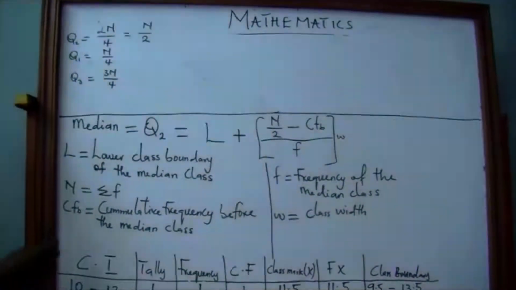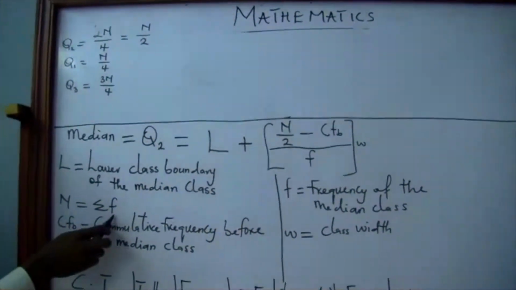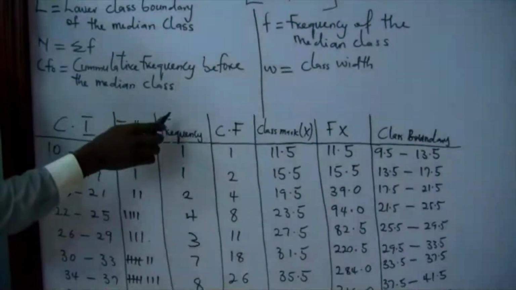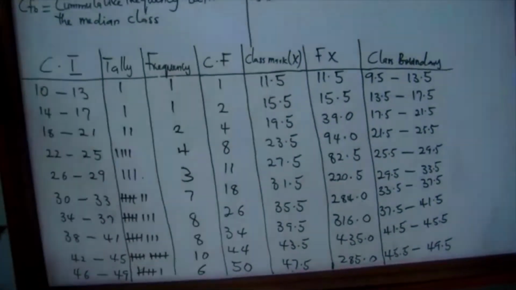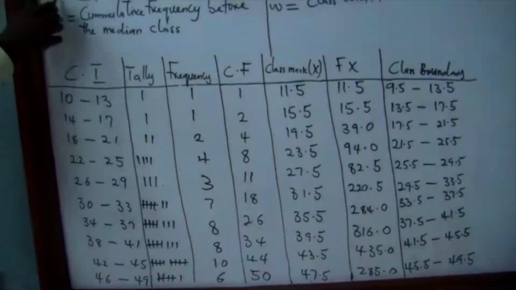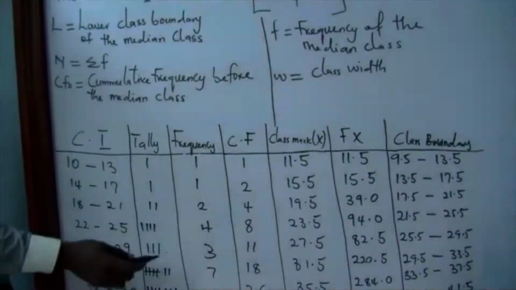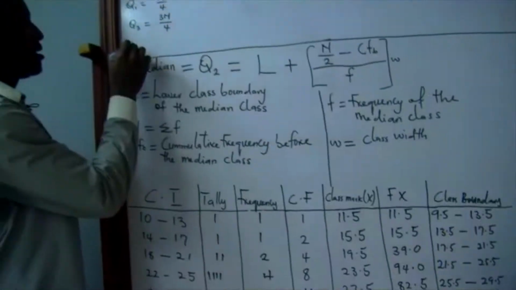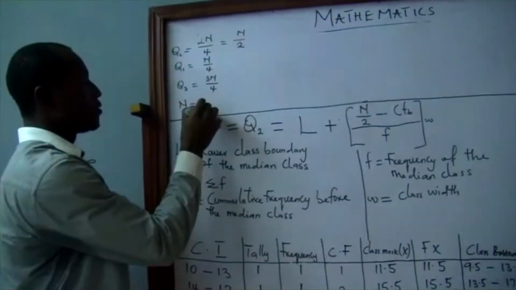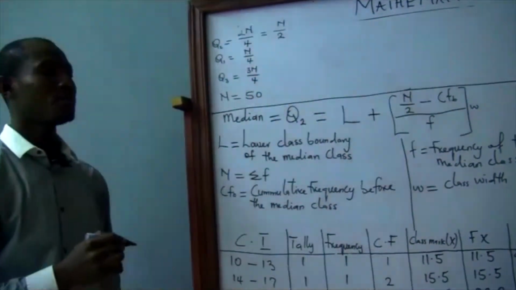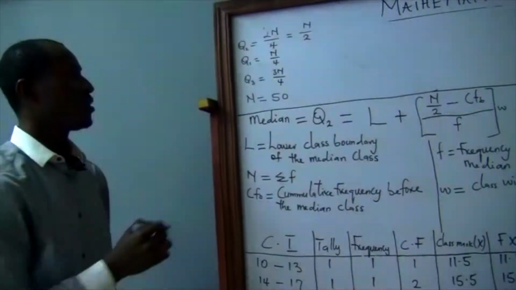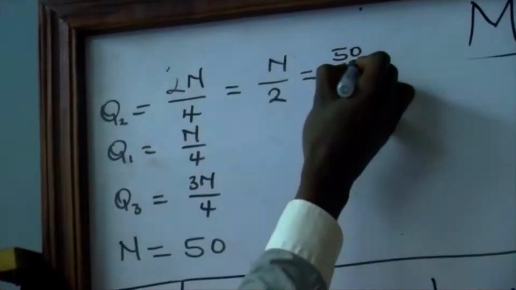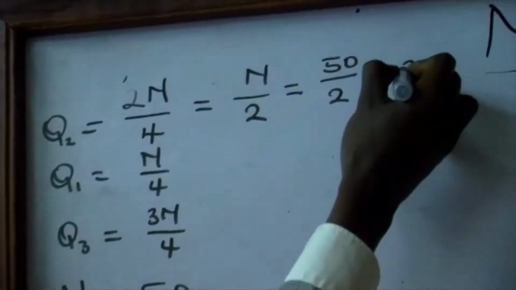What is n? I said n is summation f, the addition of all the frequencies. If I add all the frequencies together, it gives me n, which is summation f. And from the question, if I add this together, I have 50. So my n is equal to 50. So from here now, 50 divided by 2 will give me 25.